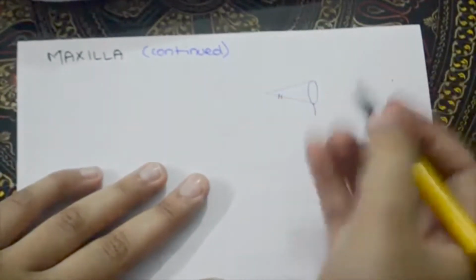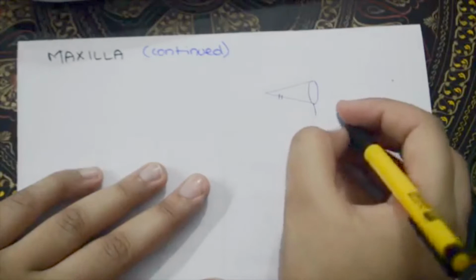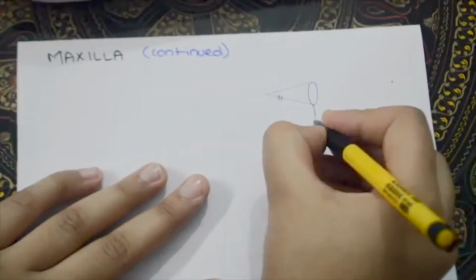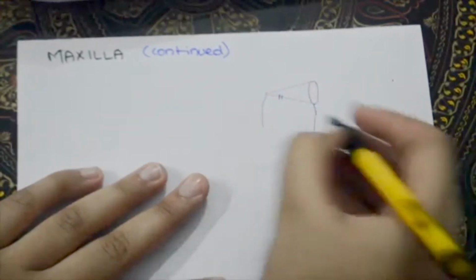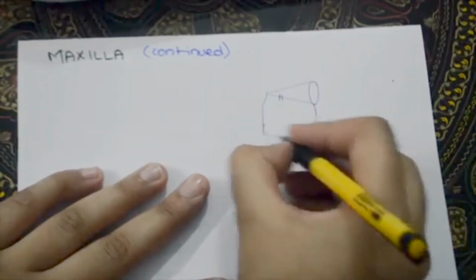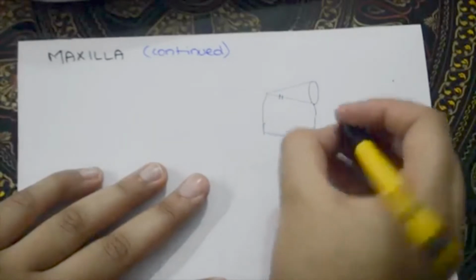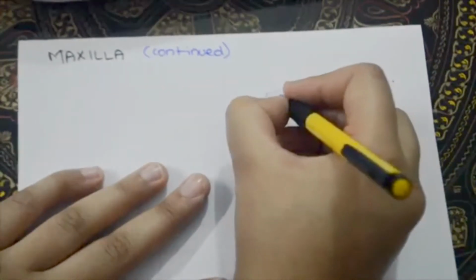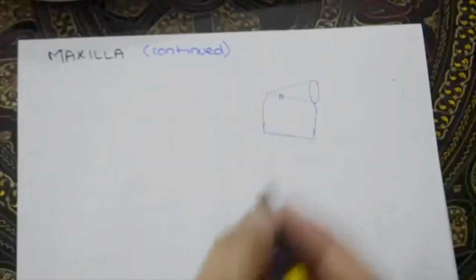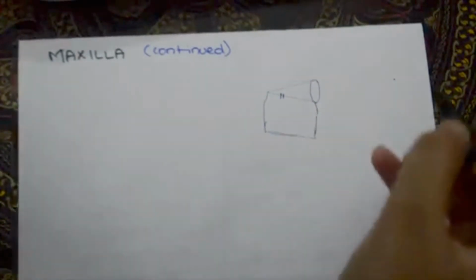This is the bone below the orbit, which was the maxillary bone, and this is also actually a canal, while this is a foramen.